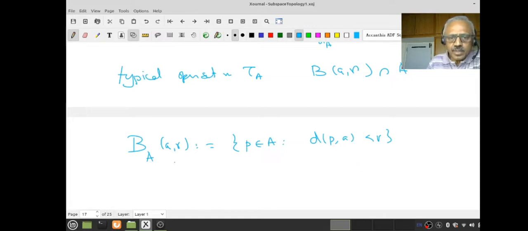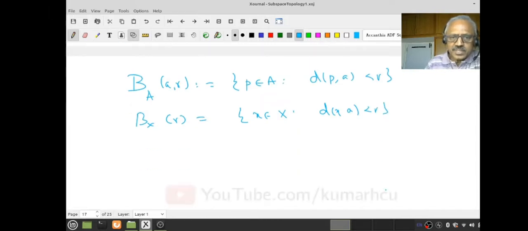This is the open ball in A with respect to the metric d_A. Do you understand this? But what is B_X(a, r)? This is the set of all x in X such that the distance between x and a is less than r. Now what is the relation between B_A(a, r) and B_X(a, r)? B_X(a, r) intersection A is nothing other than B_A(a, r). Why?